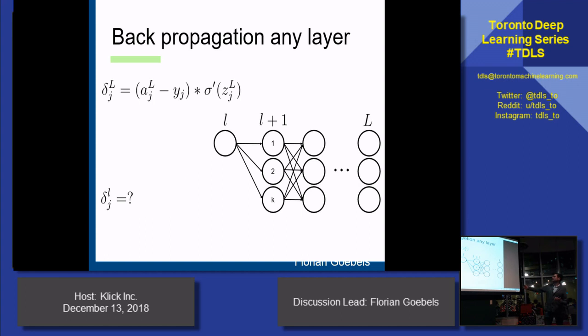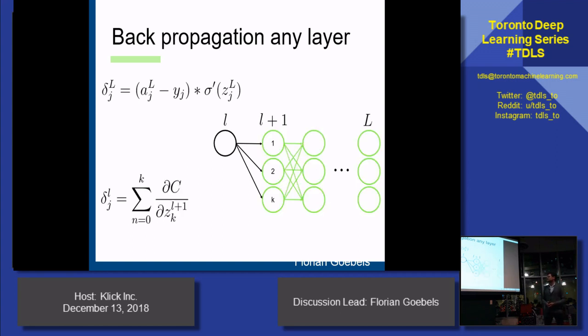And what is the error of this layer, essentially? We calculated before, right? This was the last layer in our case. And how many neurons do I have? K neurons. So I sum up over the K neurons the cost function derivative against layer L plus 1. And then I need to calculate the derivative of the current layer.